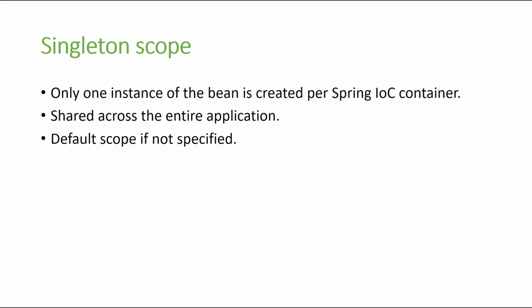If you want only one object to do some action, then we can define that bean as a singleton. And if you don't mention the scope, for example when you are configuring the bean, then by default it is a singleton only.